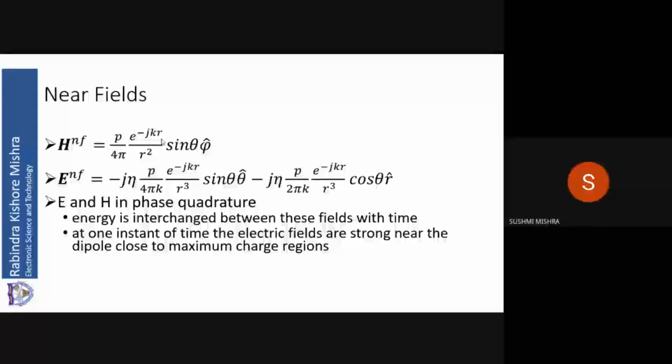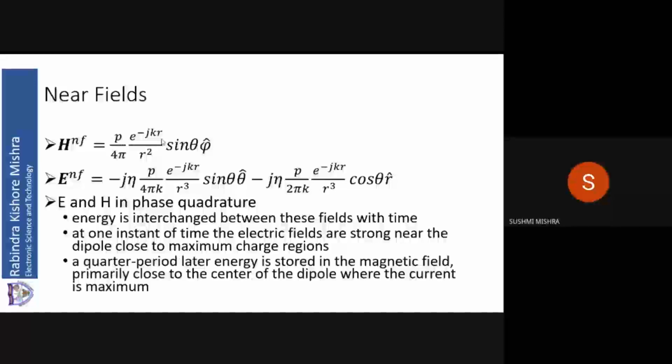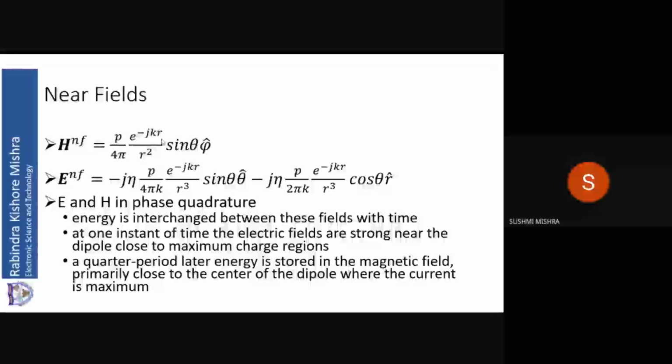At one instant of time, the electric fields are strong near the dipole, close to the maximum charge region. This is what you saw in the previous animation. Then after a quarter period, the energy will be stored in the magnetic fields.